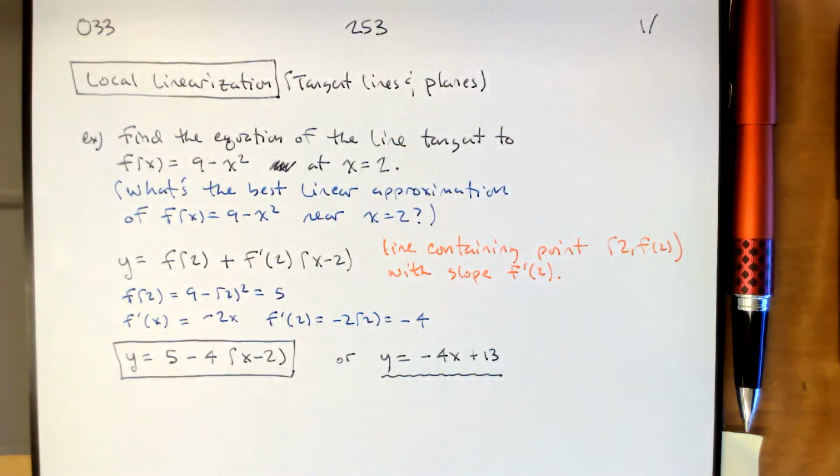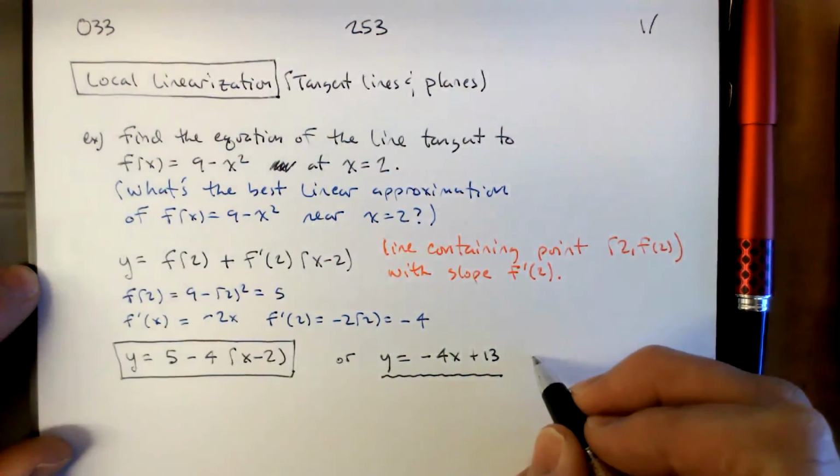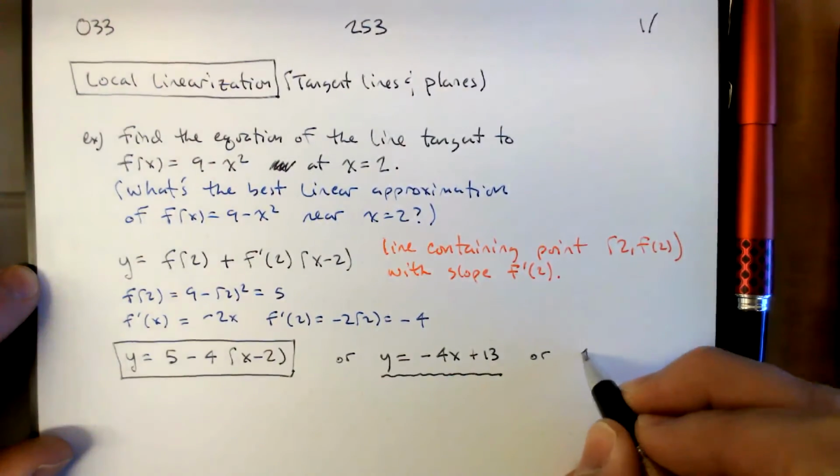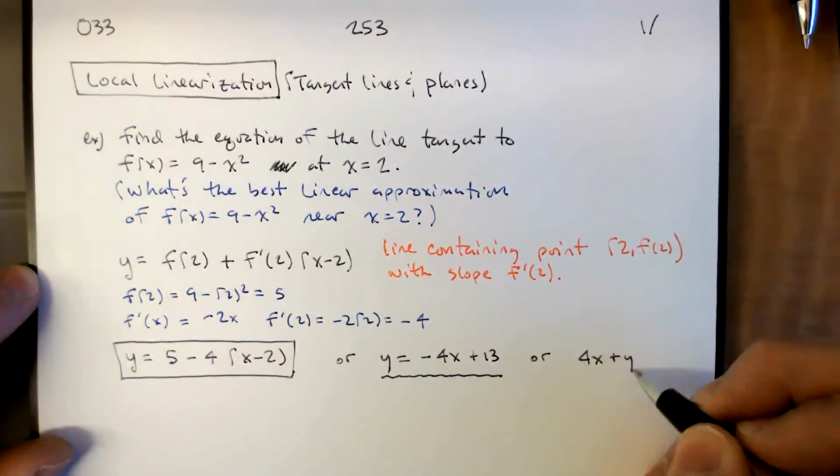We're trying to approximate the function here too. I guess the point I'm trying to make is that we need point slope type equations. I suppose we could also write this equation in standard form and say 4x plus y is equal to 13.